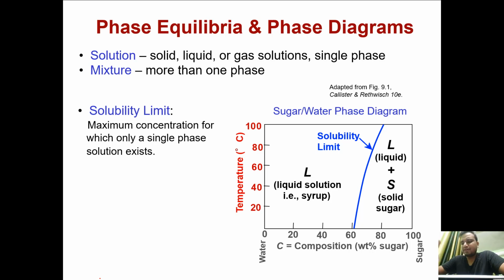Okay, now we'll understand what a solution and a mixture are. A solution forms when we mix two things and they mix homogeneously, and when it doesn't mix homogeneously, it is called a mixture. Like if you add salt to water, it mixes and forms a solution.